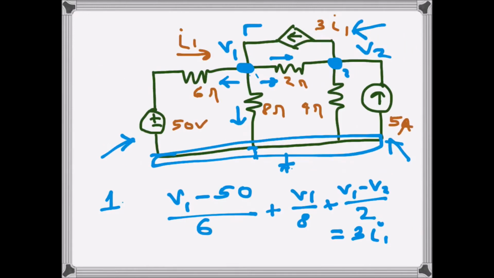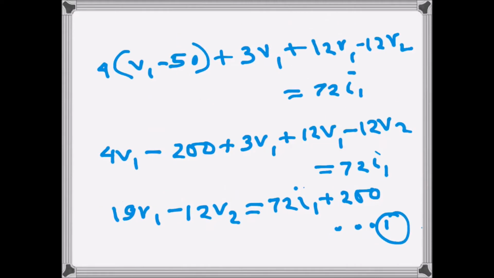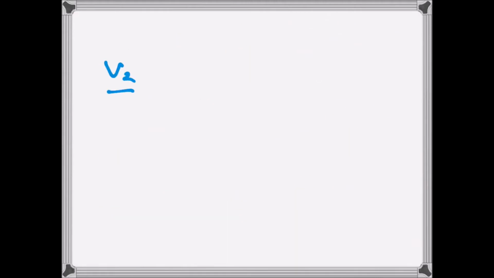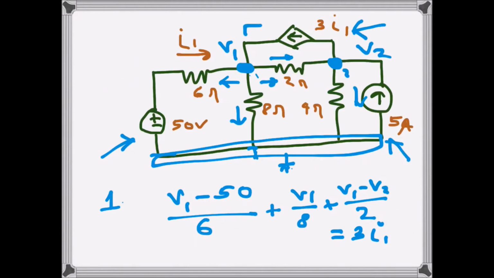Then we will write KCL for this node. The downward current will be V2 over 4, and then the current from node 2 to node 1. Because we are trying to write all the currents as leaving currents, that's what we do, unless there is an entering current by a current source, which we have to write accordingly.